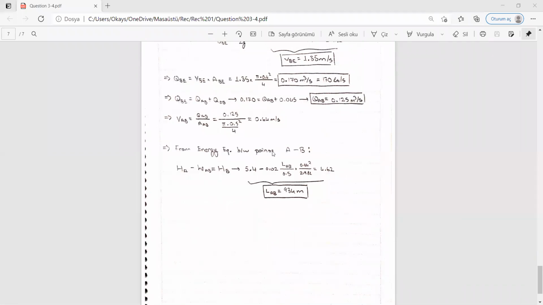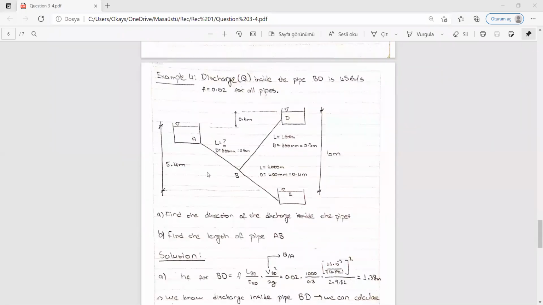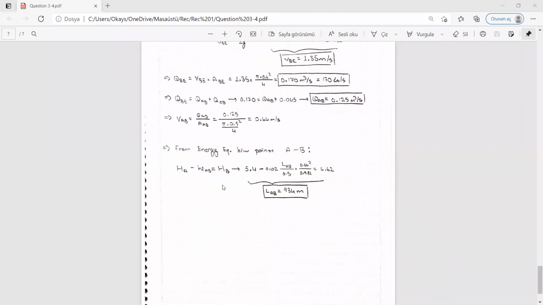I wrote the equation between point A and B, which is head at A minus the major head loss will be equal to head at point B. So elevation was 5.4 meters, which corresponds to our total head since it's an open reservoir. 5.4 minus the major head loss.